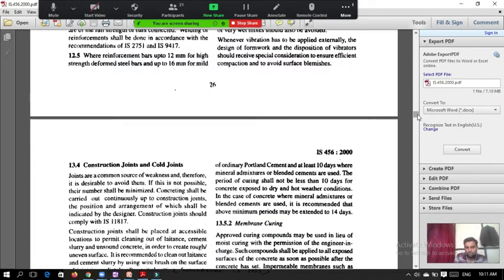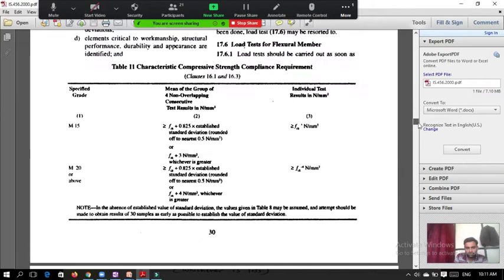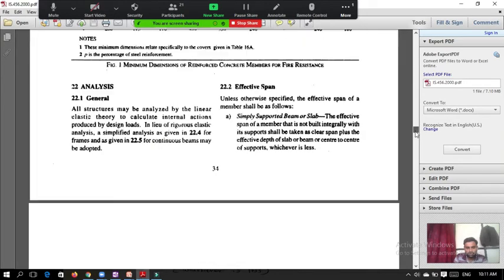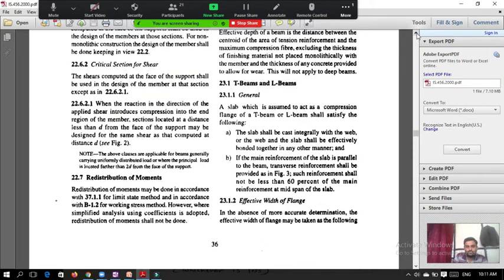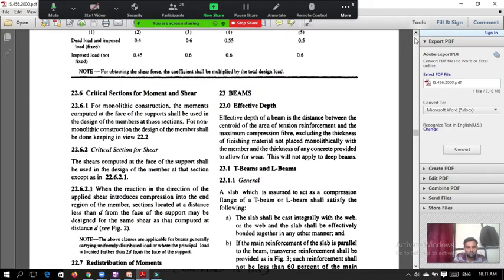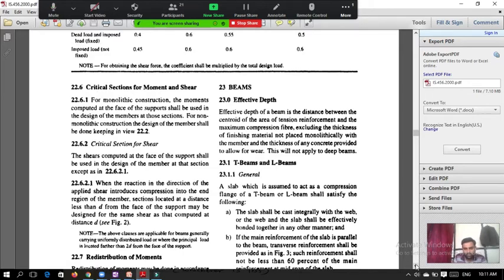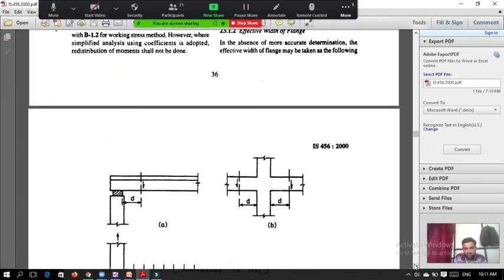So we will go to page number 36, 35, 36. So on page number 36, this clause is given. What was the clause number? 23.2 point something, I think.